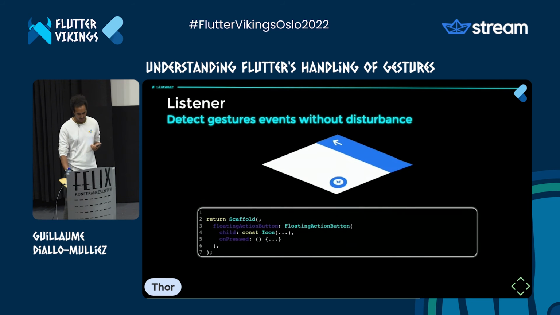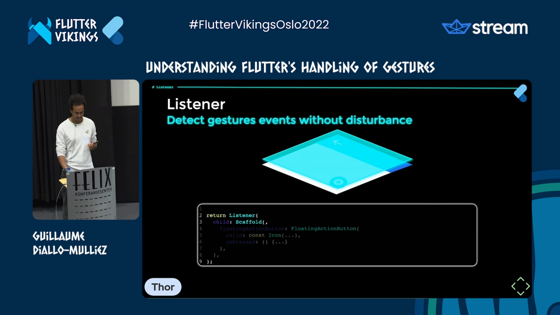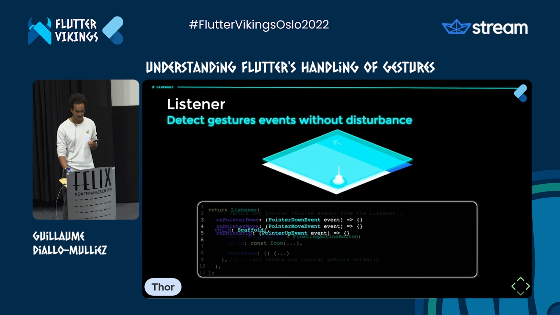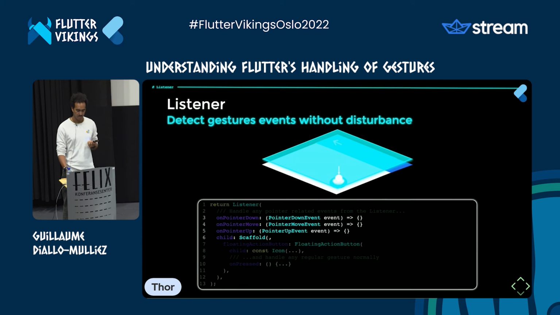So if I want to detect gestures upon this scaffold with a floating button, I just wrap it inside the listener, and then if I get a tap at that point on the floating button, then I will get some callbacks on the callbacks of the listener.